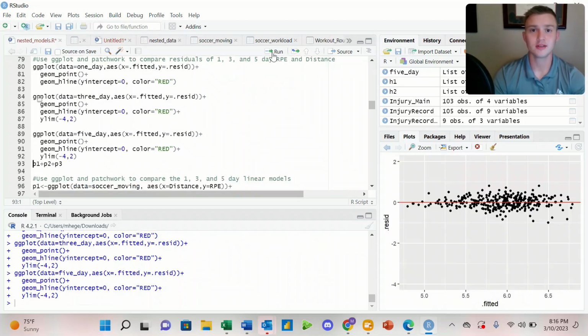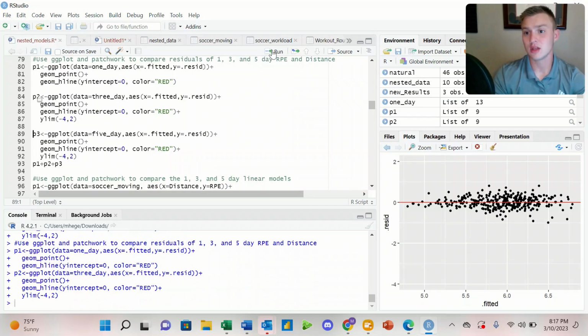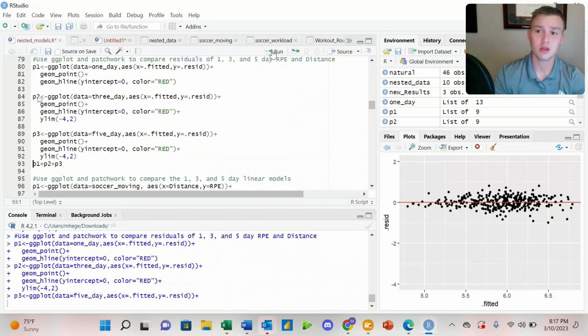If we want to plot these graphs side by side, we can use the patchwork package, and that will allow us to do that. So we'll call the first graph P1, we'll call the second one P2, and the third one P3. And we'll assign those plots those names, and we'll run those lines of code again, so it assigns them the names P1, P2, and P3.